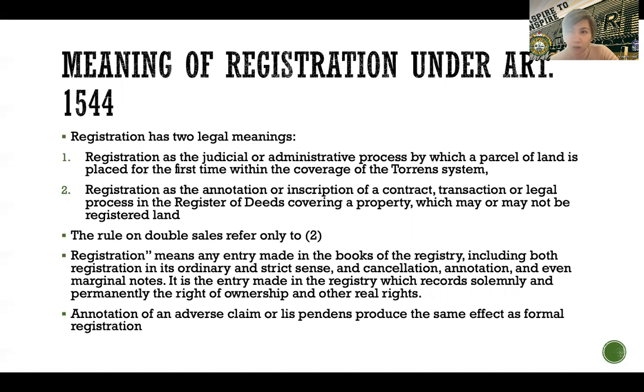So this double sales, guys, it does not mean that only registered lands are covered. If it is unregistered, but you are able to have a transaction or a contract annotated or inscribed with that particular land, then it is considered as registration under Article 1544.